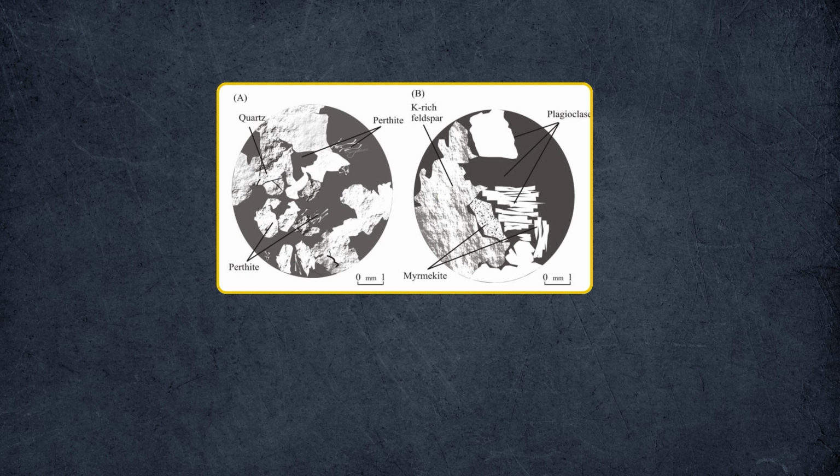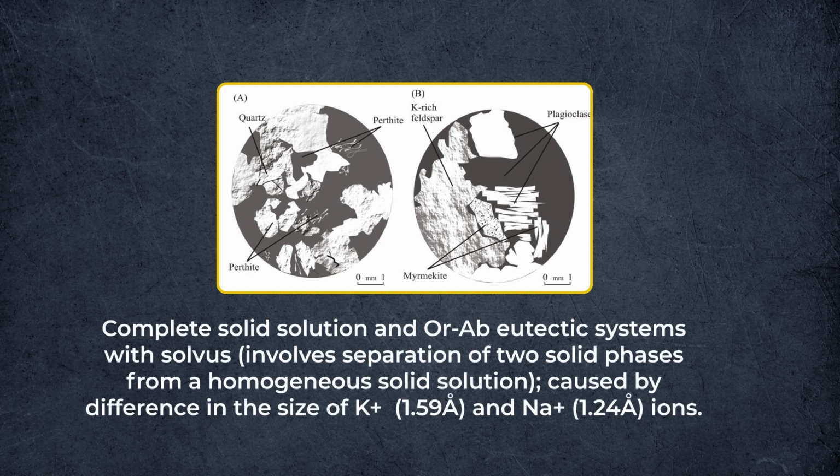I would like to show you this texture with the help of a thin section. Here, the complete solid solution in the orthoclase-albite eutectic system with solvus involves separation of two solid phases from a homogeneous solid solution caused by the difference in size of the ions.